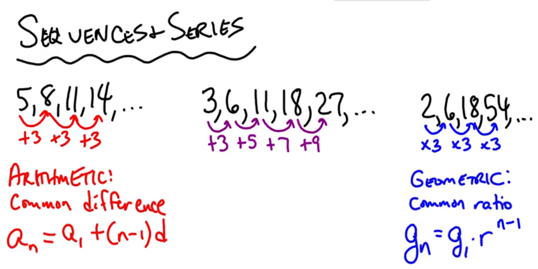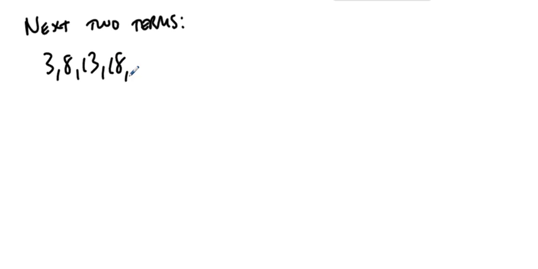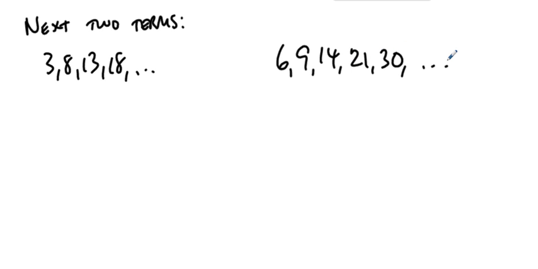Okay, things you should know how to do. You should know how to find the next 2 terms. Maybe for this sequence, you should know what the next 2 terms are. And maybe for this sequence, you should know what the next 2 terms are.